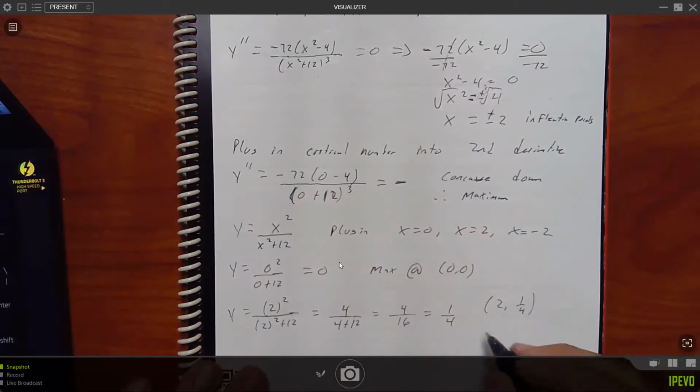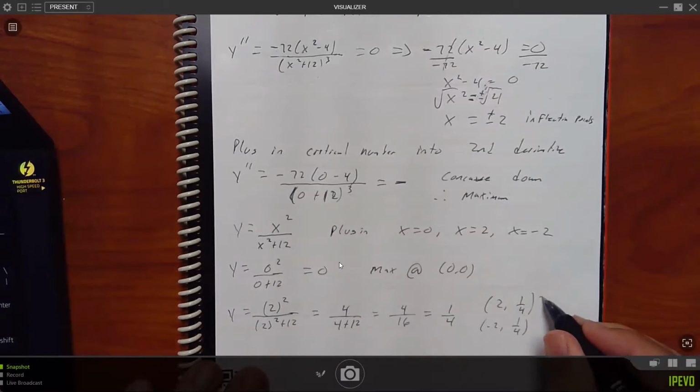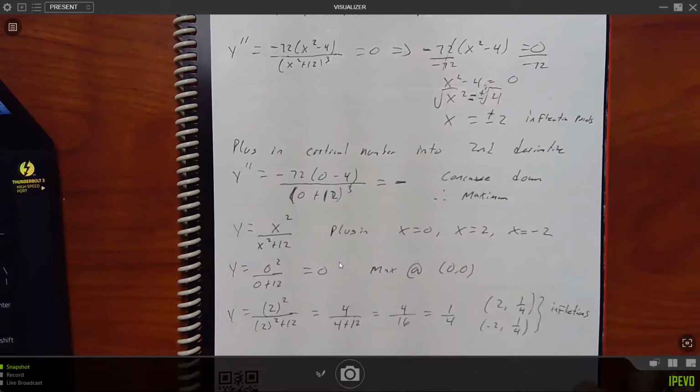And if you do the other one, you end up with the same thing. All right, so now I have the y values, the x and the maximum.